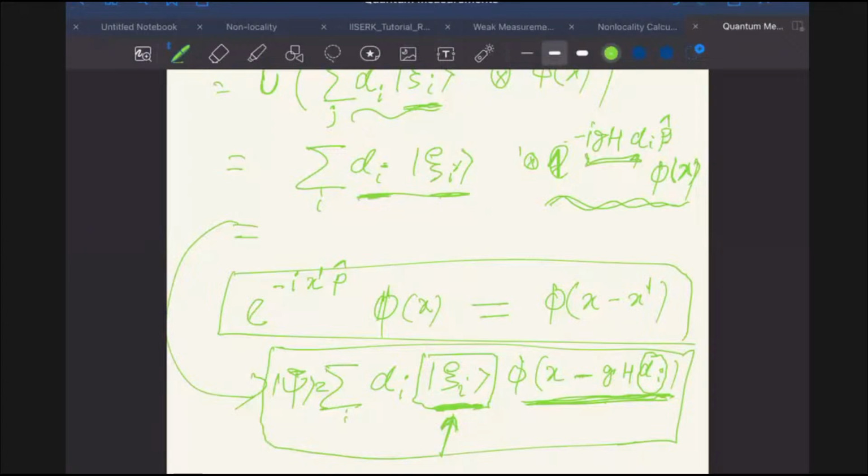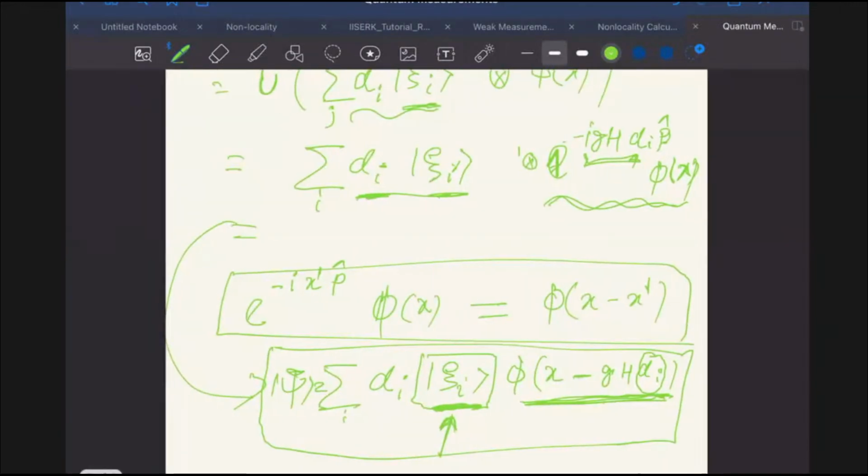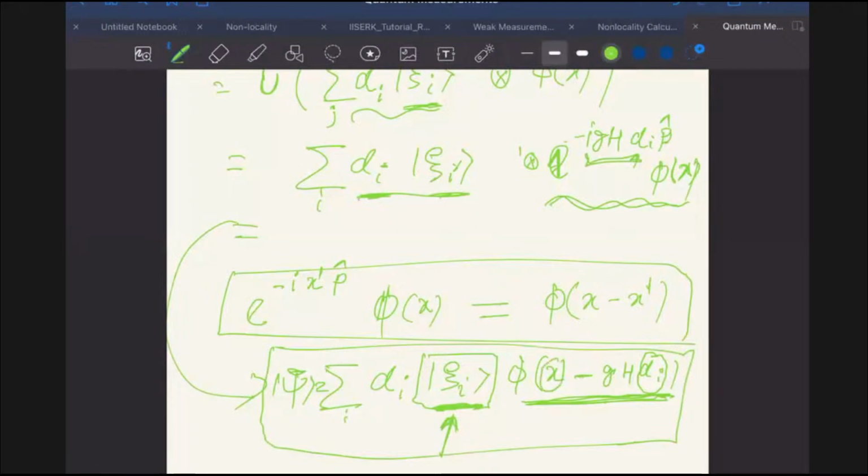That means if we take x equal to 0 as origin, there will be two possibilities: the state goes to either the x +1 coordinate or x -1. So let's say first it was at some x0, then it will be shifted depending on alpha, because alpha is ±1. So it will be x +1 and x -1.